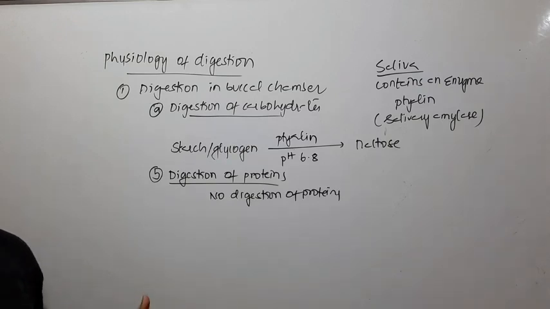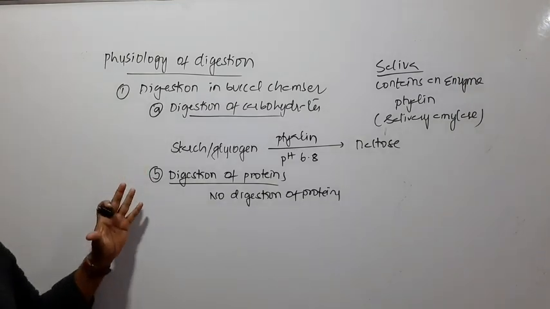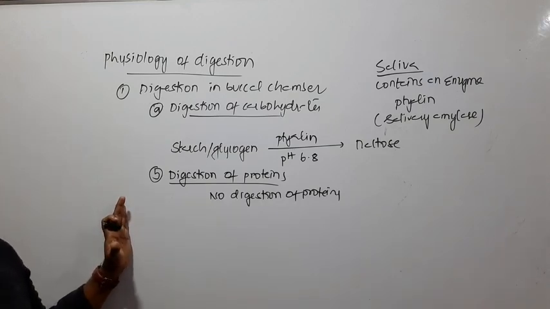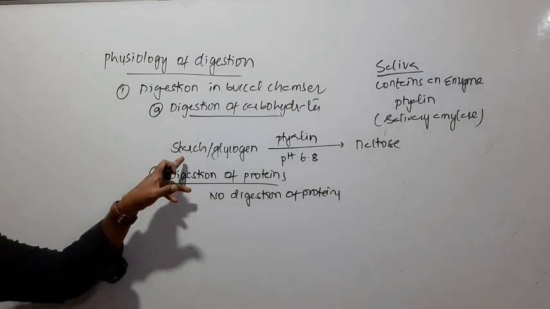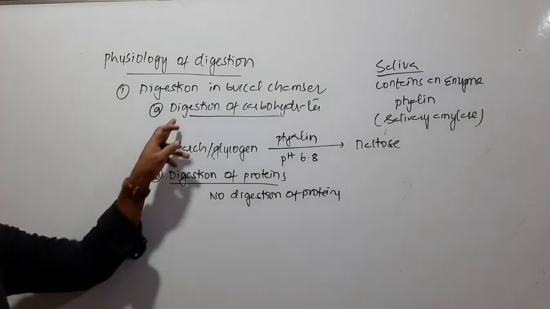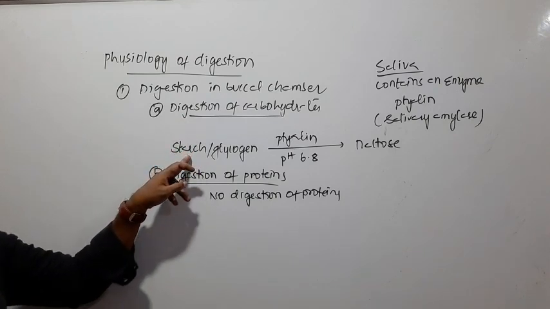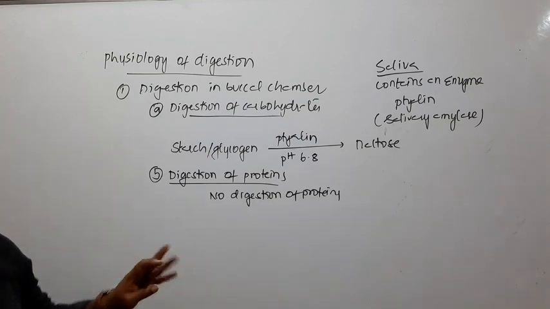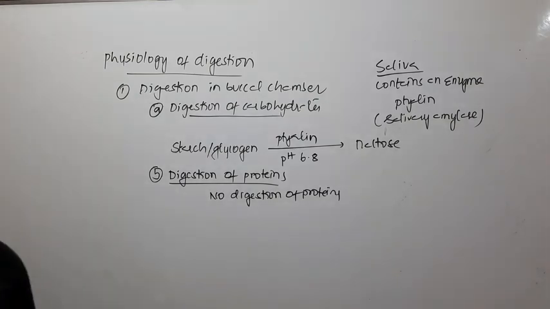The moment we keep the food in the mouth, the process of digestion starts, but only a small part of the food starts getting digested. That is in the case of carbohydrates. So no digestion of proteins takes place.